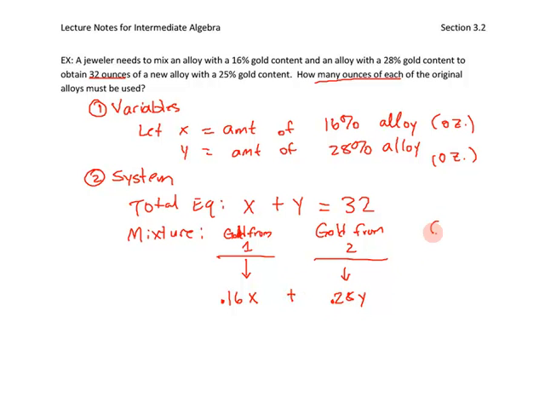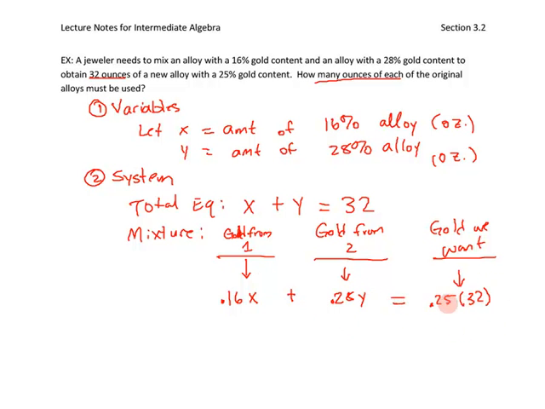Now, how much gold does the jeweler want? He wants 25% gold content out of his 32 ounces, right? That means he wants 25% of 32 to be how much gold he gets. 16% of this is gold, 28% of this is gold, and he wants the result to be 25% of 32.